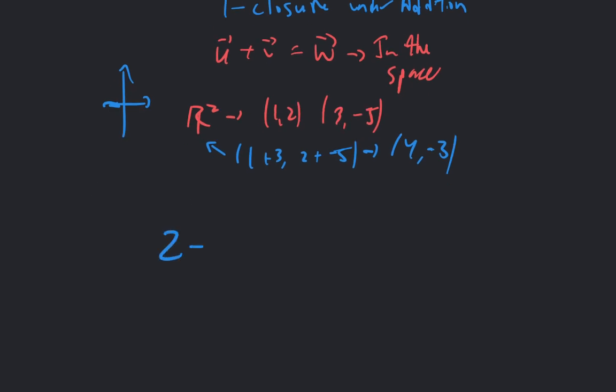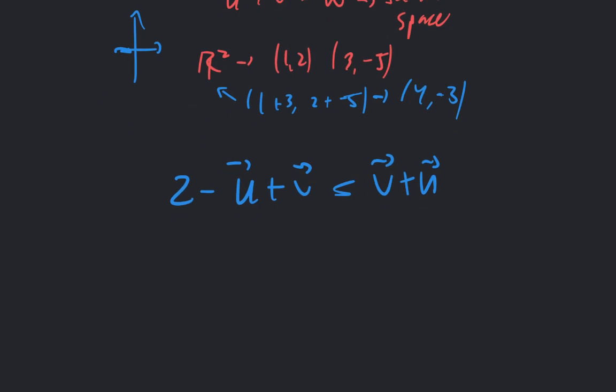Then rule number 2 would be commutativity. Basically, if we have two vectors, u plus v, this is equal to v plus u. So you can change the order.